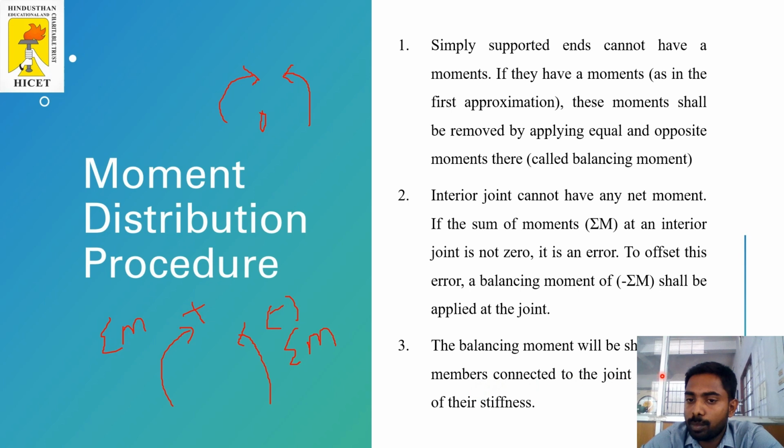So the balancing moment will be shared by the members connected to the joint in the ratio of their stiffness. According to the ratio of their stiffness, the balancing moment is shared between the members.